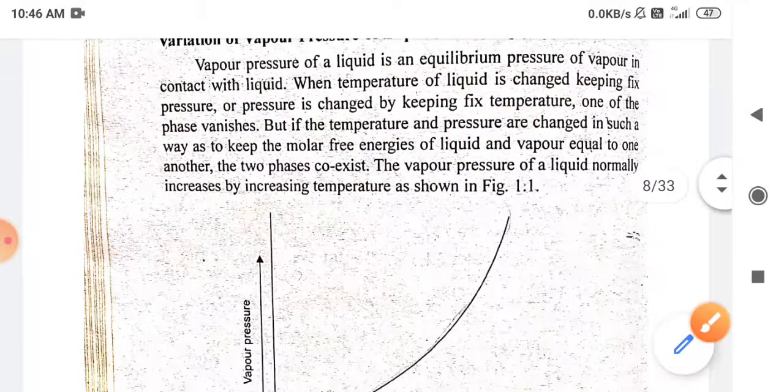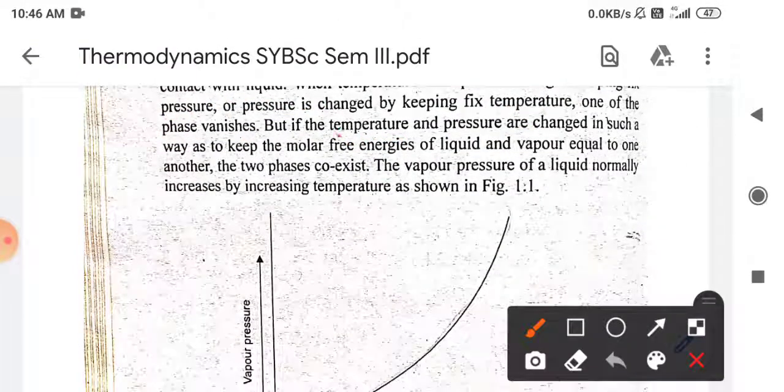So there is a third case in which temperature and pressure are changed in such a way that the free energy change of the liquid and vapor phases remains equal to one another. This is the third case where we keep the free energy change of the system constant.